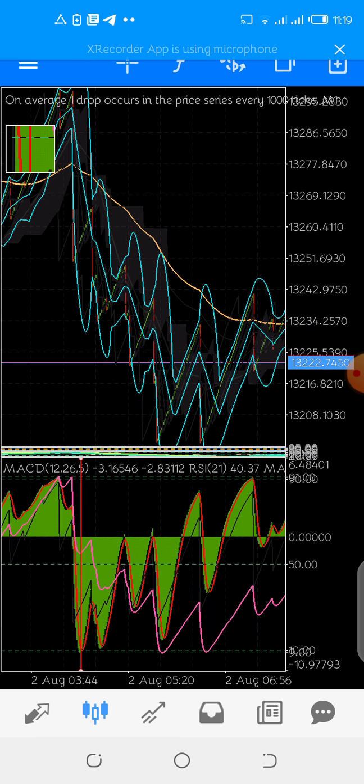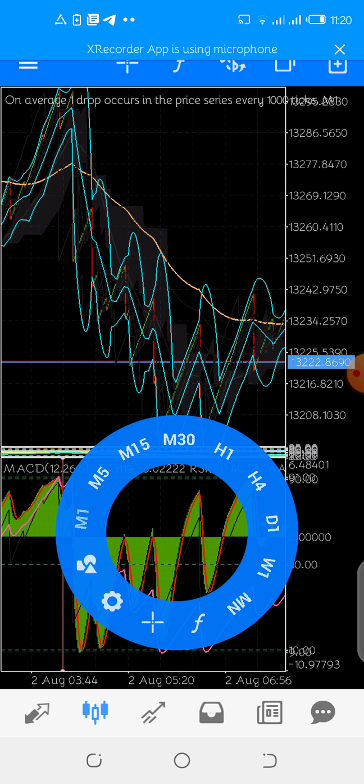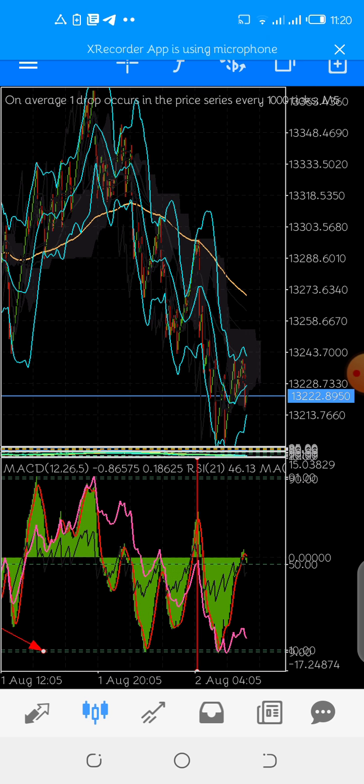like here. Let's take the top part, which is here, and go to M5. And when you go to M5, you will see that we were on a general move from top to bottom.